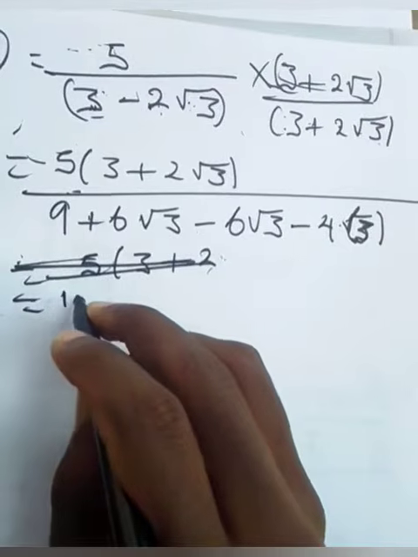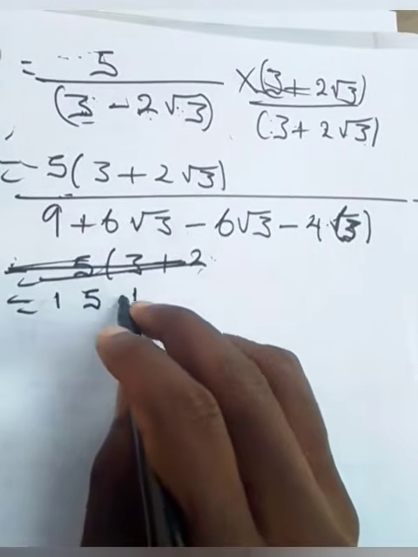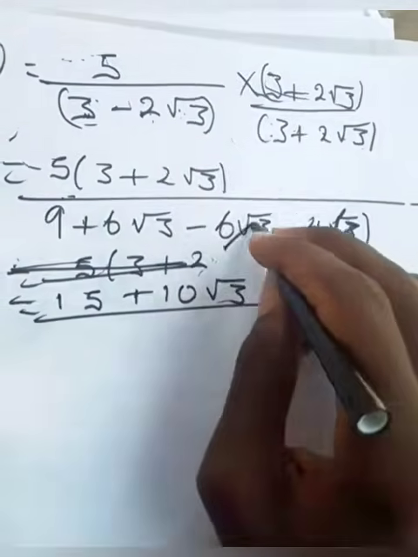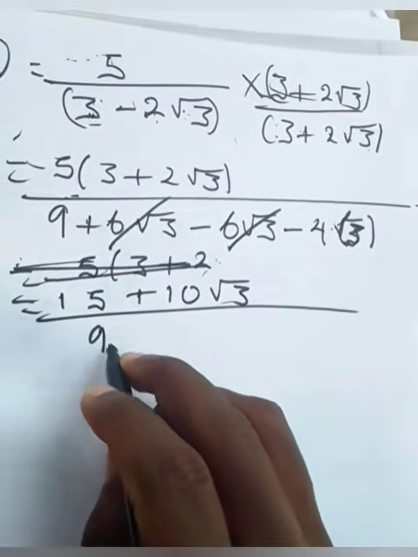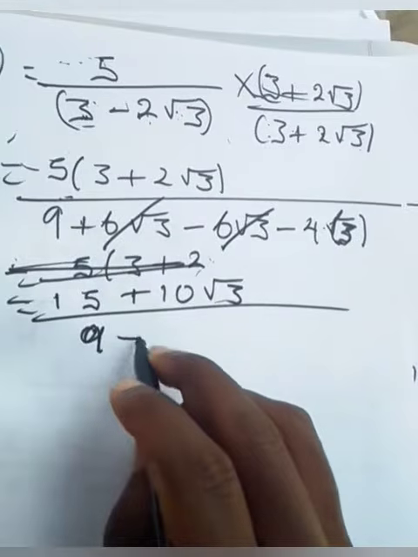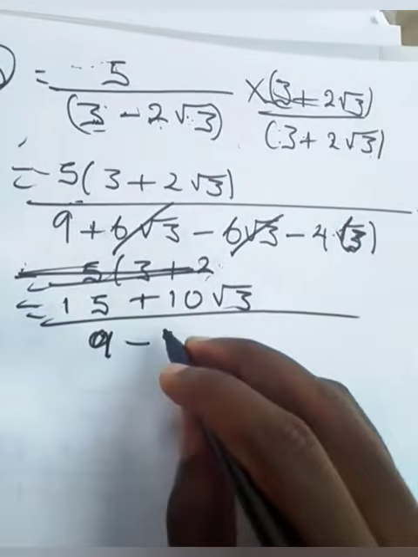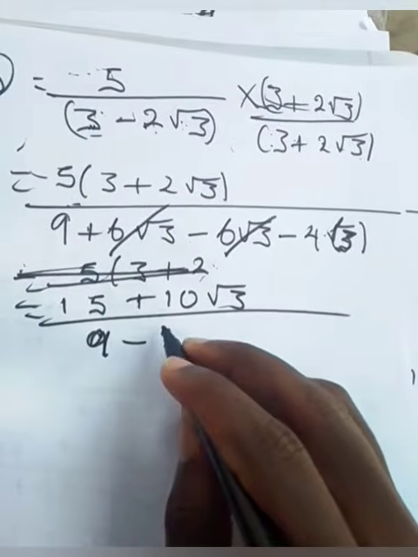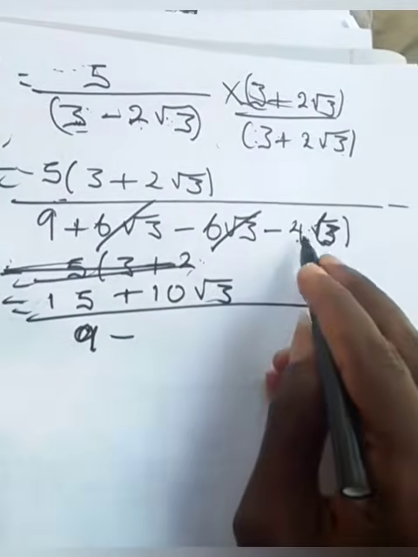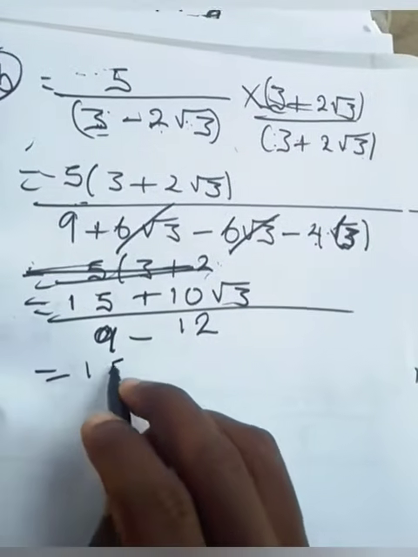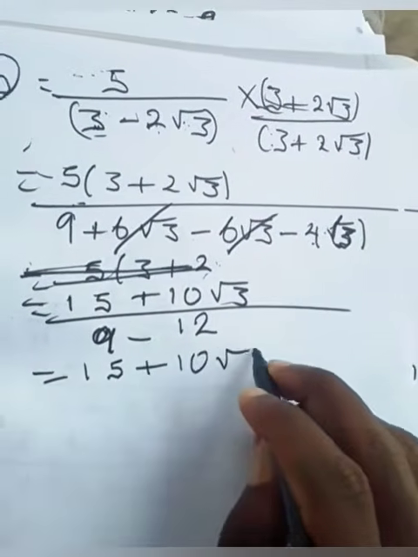So I'll have 15 plus 10, then over, so this and this, they are going to cancel each other, right? Then we have 9 minus 4 times 3, it is 12, right? So we have 15 plus 10 square root of 3.